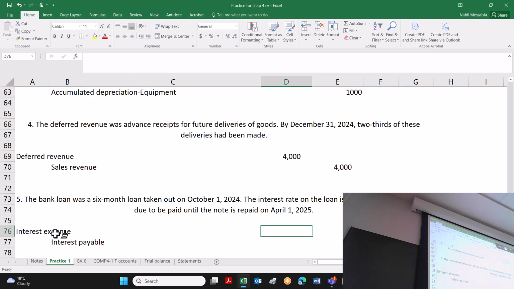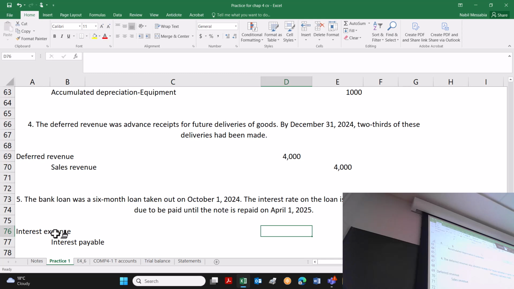In all our financial accounting problems, if they only give the rate without any specification of the period, by default, interest rate is always for a full year, 12 months, no matter how long the loan itself is.